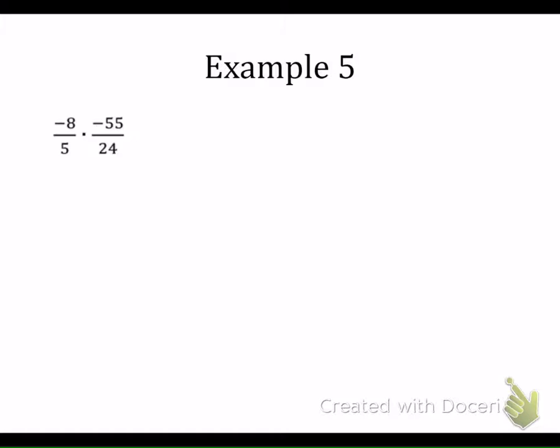Okay, here we are multiplying fractions. Now, this is one where you can cancel across your multiplication symbol. So any numerator can simplify with any denominator. So you can see right here, these are both divisible by 5.